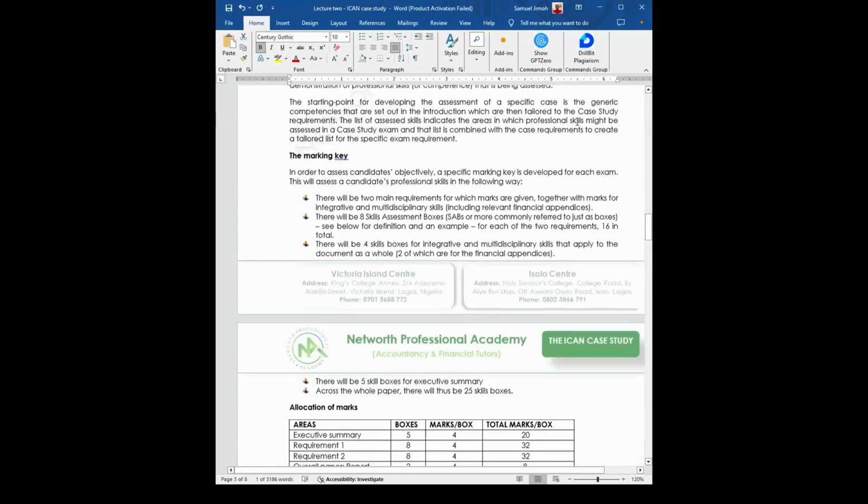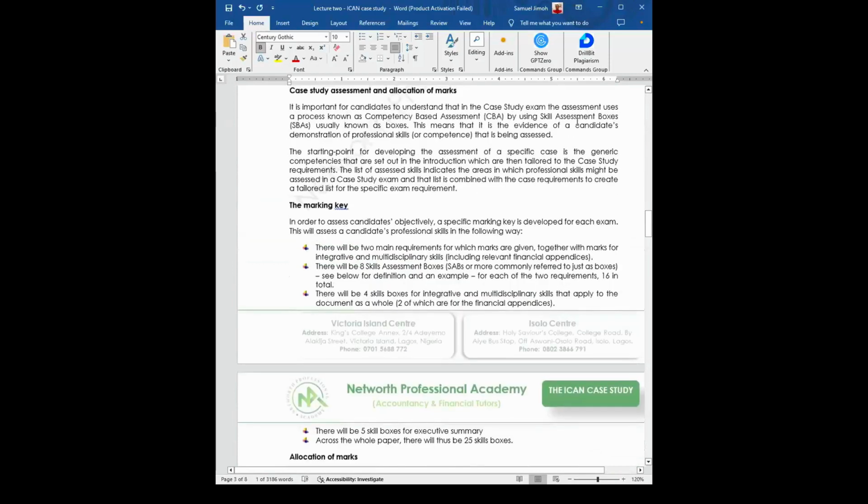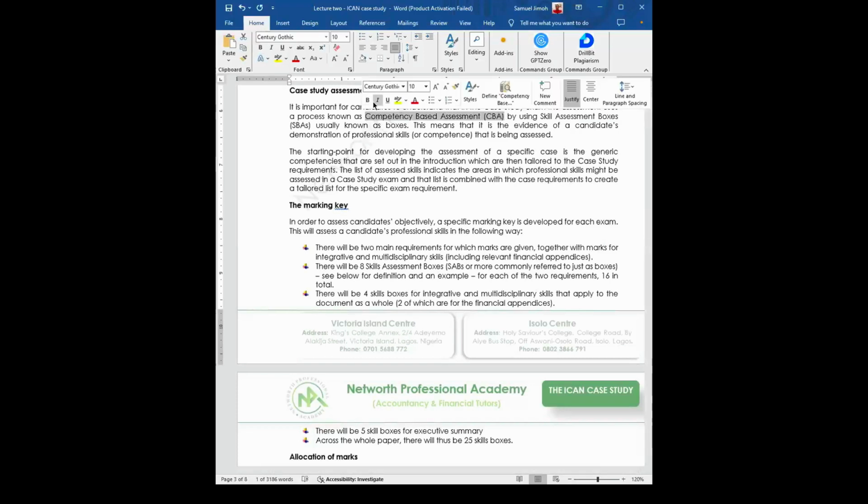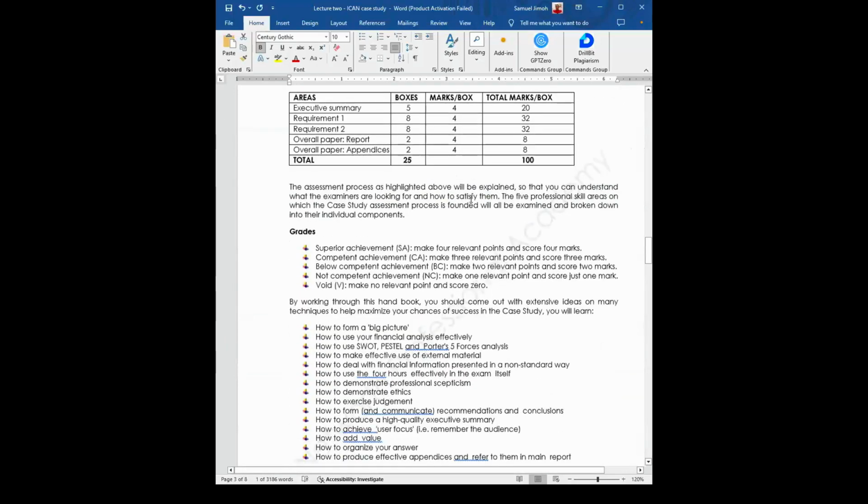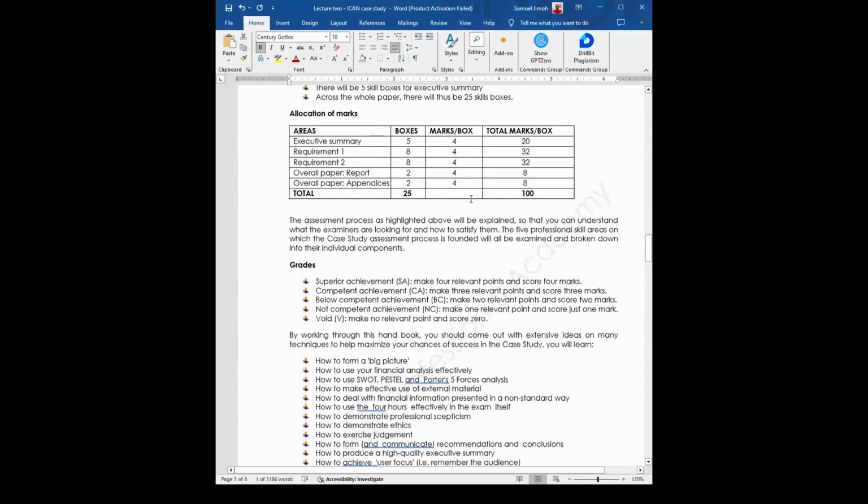So let's look at the case study assessment and allocation of marks. Remember, I told you that under the differences between case study and other papers, I said the case study approach follows a process known as what? Competency-based assessment. It follows a particular process known as competency-based assessment. And here is the idea behind competency-based assessment.